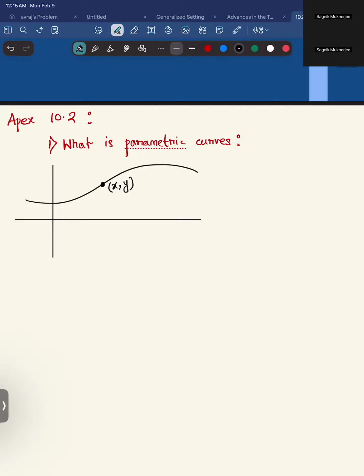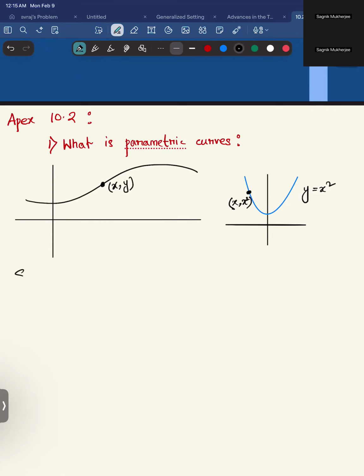Meaning, for example, if I consider this parabola, then the parabola is depicted by the equation y equals x squared, meaning at x coordinate, the y coordinate is x squared.